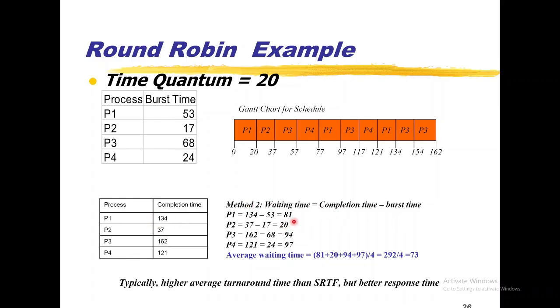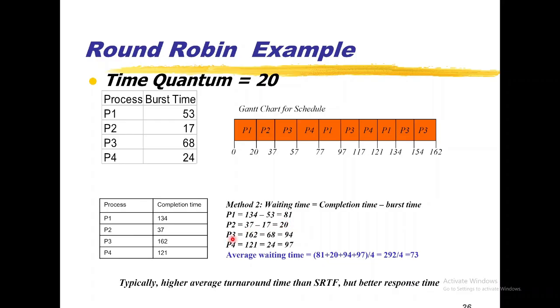So if we go by this, the completion time was 134, but how many times did it use out of that 134? We have 53, so that gives us 81. Same thing, P2 had a completion time of 37, but it used only 17, so it had a waiting time of 20.